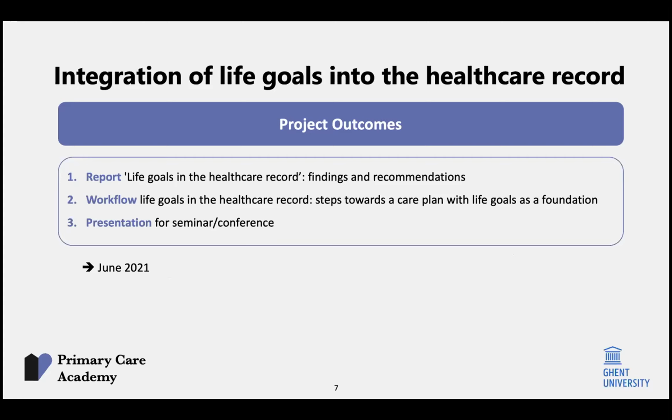Second, we will provide a workflow on life goals in the healthcare record. This workflow should show care providers how to use life goals to form a care plan around this. And finally, in upcoming June, we will present our results to the Flemish agency.